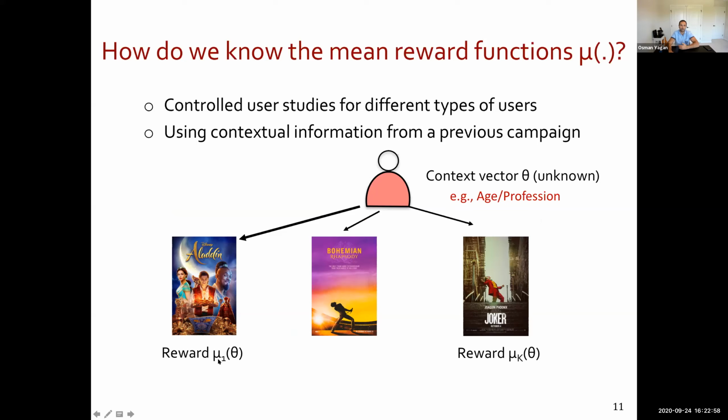A better motivation in our mind is maybe controlled user studies. So you can collect a number of people, do a paid survey, and basically learn these mappings through these controlled studies. And the second explanation could be using contextual information from a previous campaign.